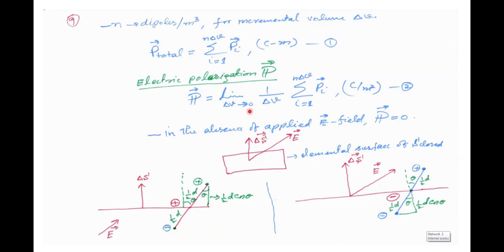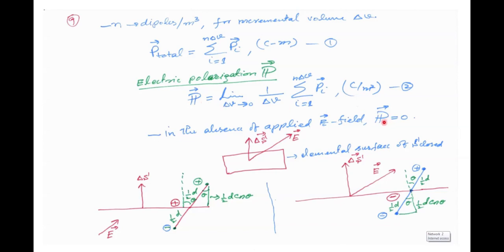Shrinking to 0 means when the whole sample is occupied by the electric dipoles, then that effect represents the electric polarization, and all the charges in the electric dipoles are aligned in the direction of the applied electric field.